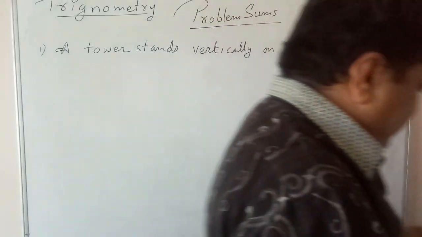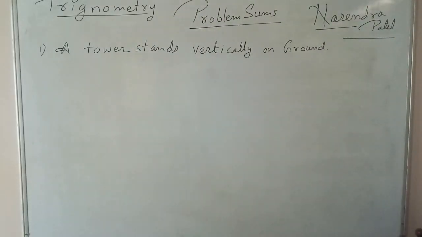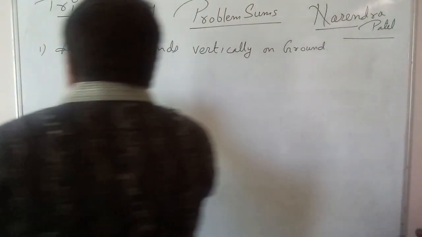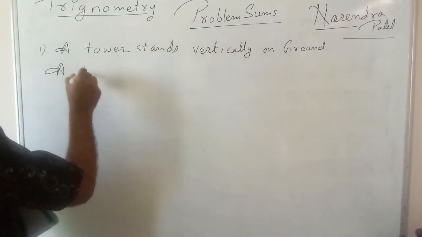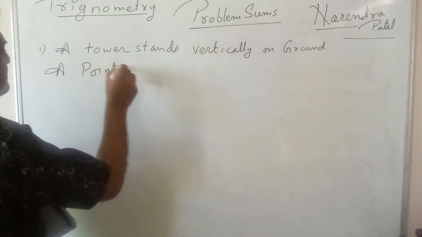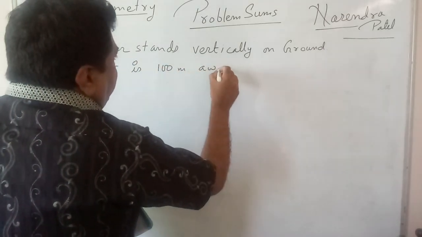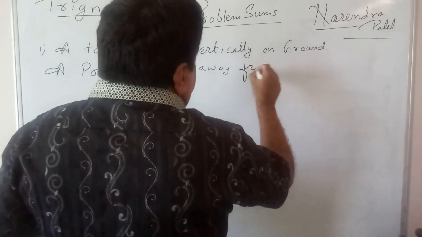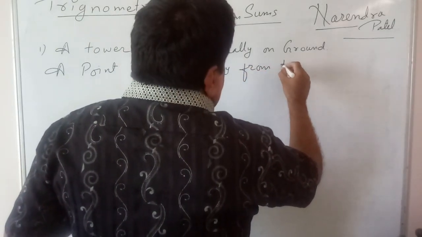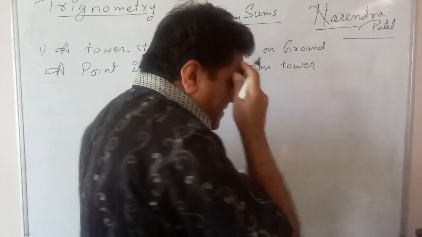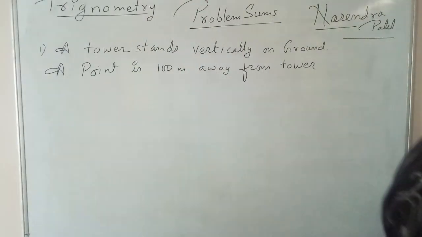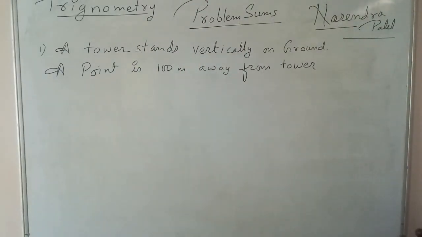A tower is there and it is standing vertically on the ground. A point is 100 meters away from the tower.